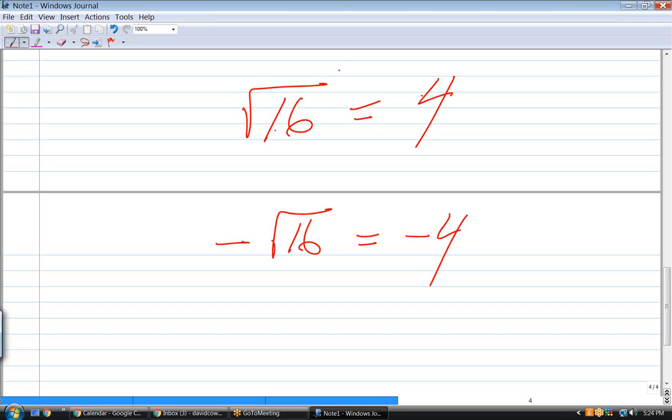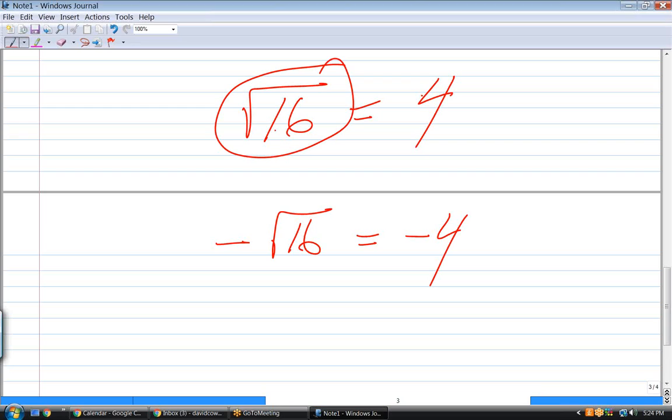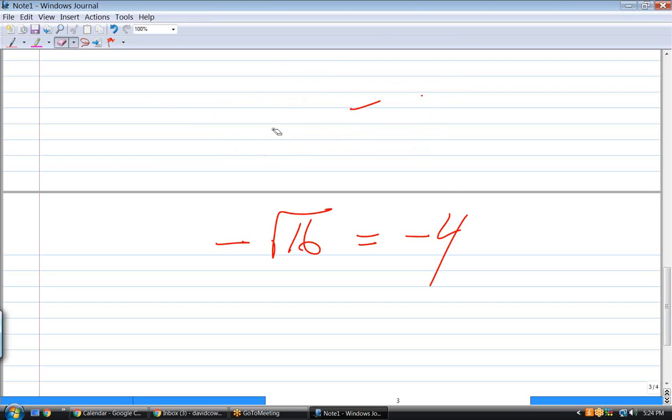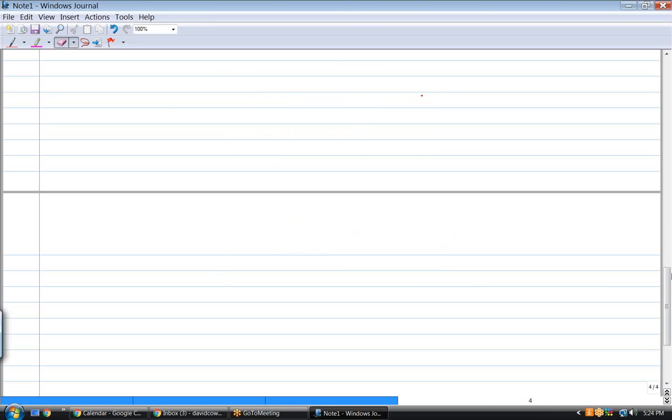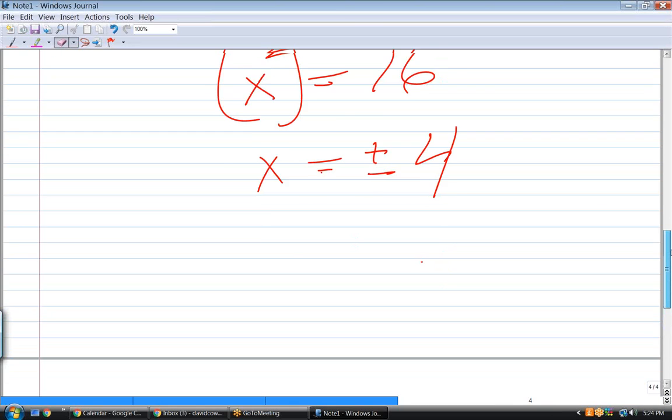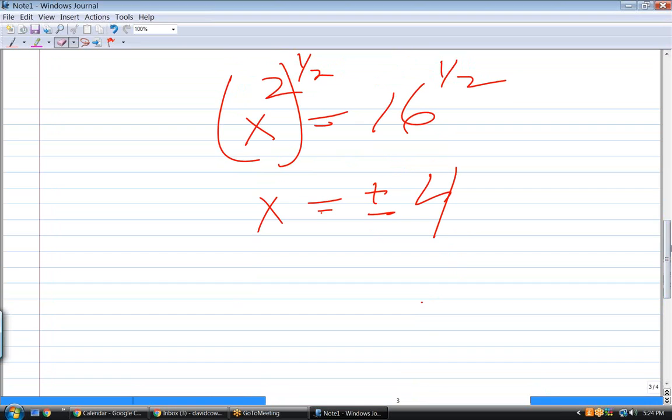Okay? In other words, that's just something math people have decided, that if there's no sign in front of it, we're going to assume it's positive. Just like all numbers. If I don't put a sign in front of that number, you assume it's positive. Well, what's the difference between that and when do we get plus or minus? We get plus or minus when we're solving an equation where we have to take the square root of both sides.